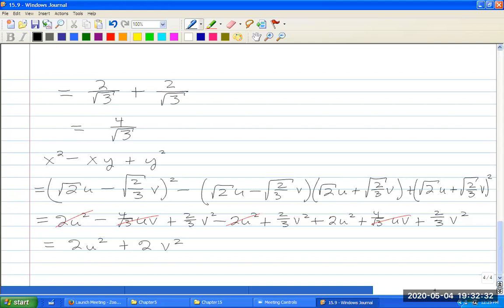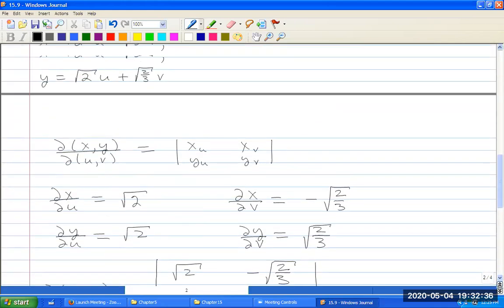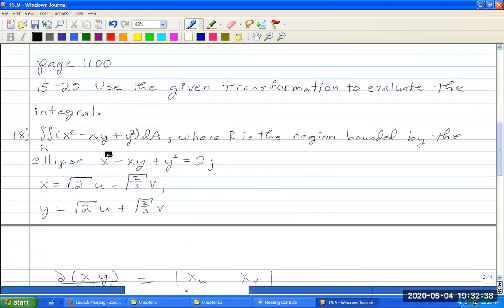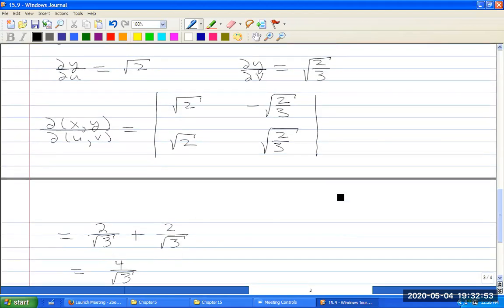And so that's sort of nice. Notice the ellipse now becomes something much nicer. Becomes a circle.